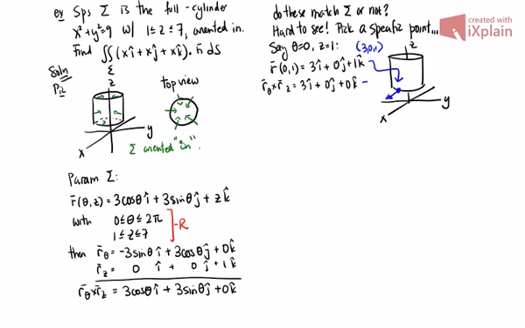So what we've done here is look at a specific example of the cross product. Like in the other two examples, we could look at that cross product and say, oh, it's always up, or it's always to the left, or it's always to the right. In this case, it doesn't work so well. We have to look at a specific point and say, at this point, it's pointing forward.